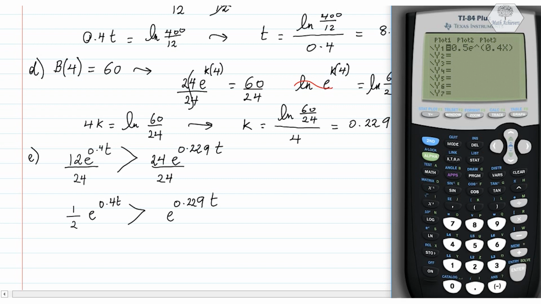For the second function, I press enter and go to y2. y2 is e to the power of 0.229 t, so e to the power of 0.229 and plug in the x, our variable. These are my two functions. To graph them, I go directly to graph.